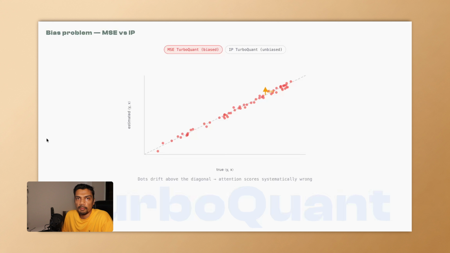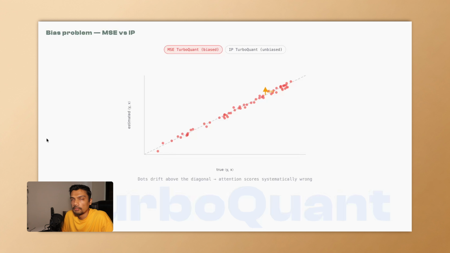What we care about is inner product. Attention scores are computed as the dot product of q and k transpose, and nearest neighbor search computes the dot product of the query and every database vector. We need these inner products to be accurate, not the reconstructed vectors themselves.